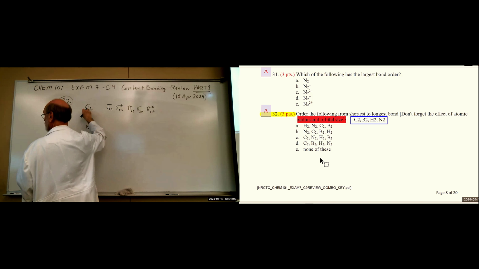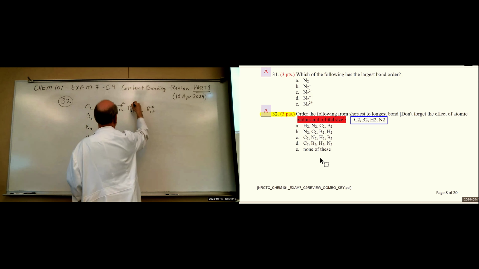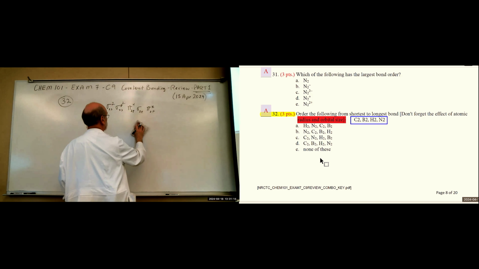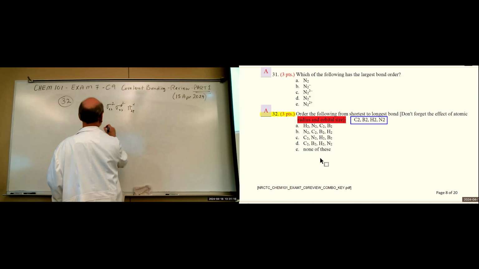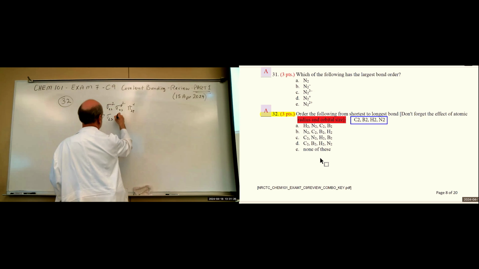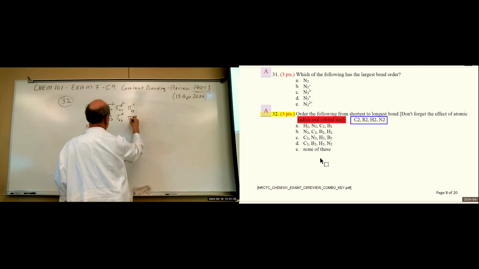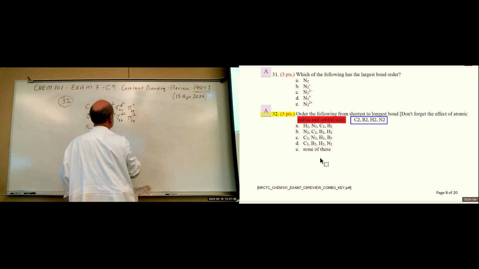So valence is 8 electrons, 2, 4, and 4 is 8. So that's it. That's all we need there. Okay, diboron. It's going to be mixing also, but it has what? 3, 6 electrons. So we have this one, and that's 2, 4. I guess we need this one also. 2p, which has 2, 2, and 2.